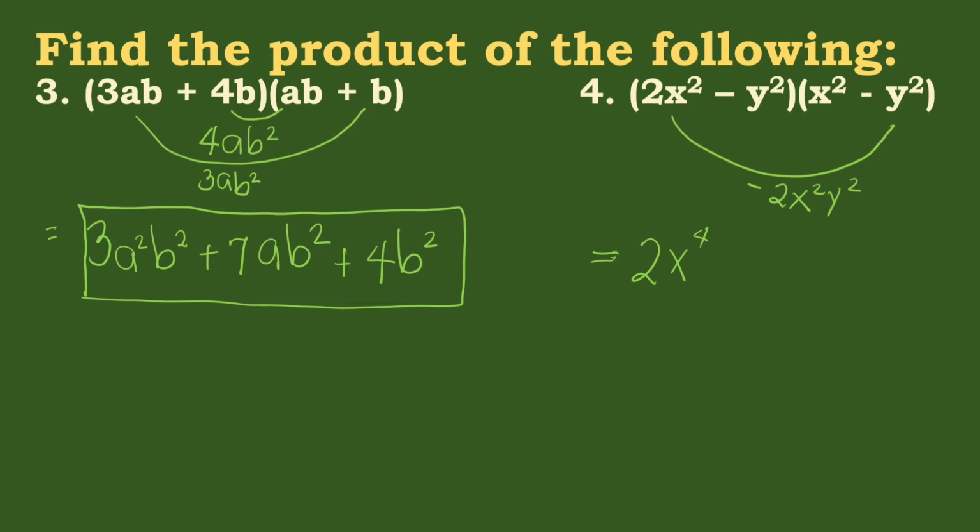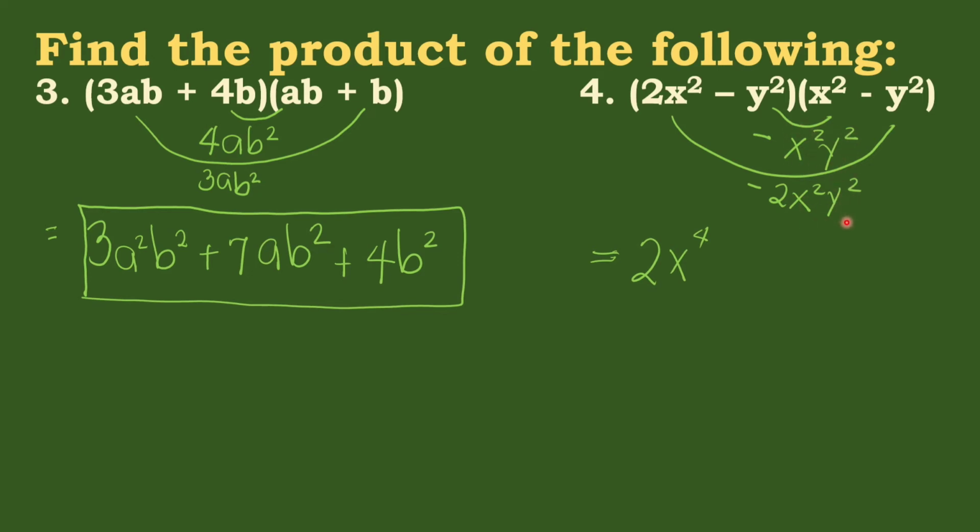And then the product of the inner terms, negative y squared and x squared, that would also be negative. We can write it alphabetically, so that would be x squared y squared. Alright? So again, they are similar terms. They have the same variables, x squared y squared.